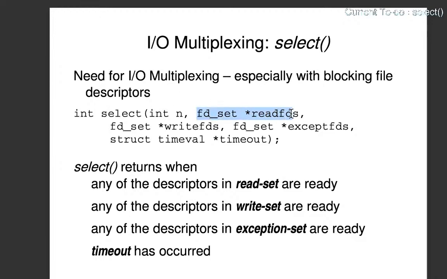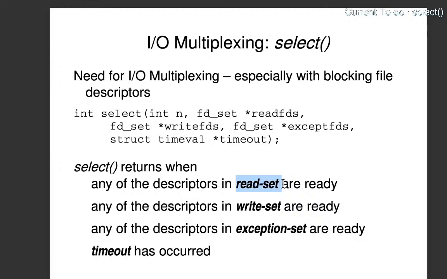Whatever you specified, read fds, write fds, accept fds, select will return when any of the file descriptors that are set using FD_SET for read fds, write fds, accept fds are ready.